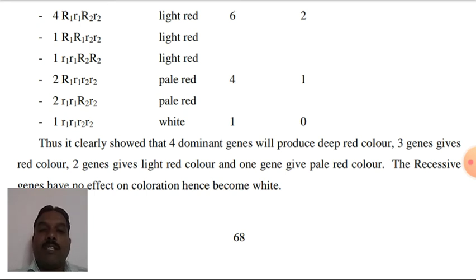We can obtain the 16 genotypes, and within the 16 genotypes we just sort them out like that, as given on the screen. We can obtain the 1:4:6:4:1 ratio on the basis of the number of gene involvement. So this is the multiple factor hypothesis. Okay, thank you.